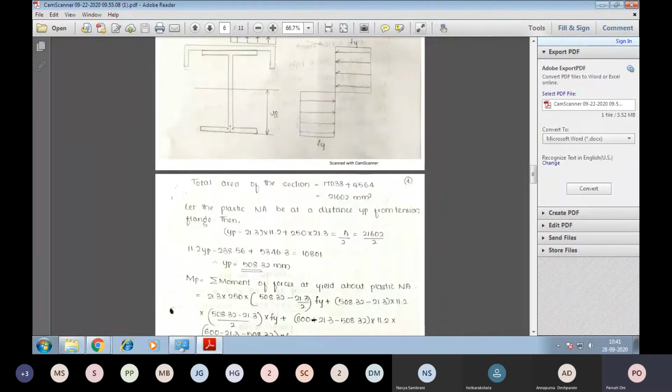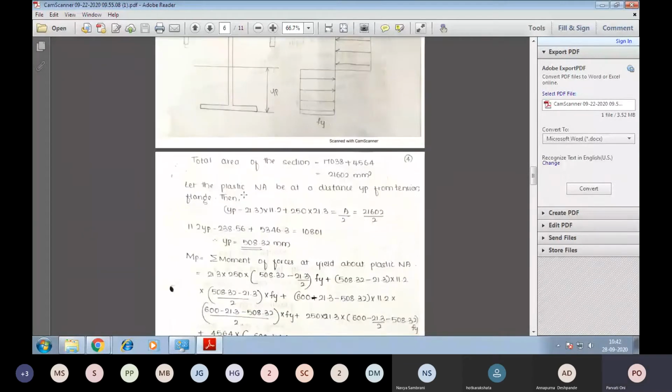The CG of this flange will be at a distance of 21.3, so the distance from NA to the CG will be this total distance minus 21.3 divided by 2, that is (508.32 minus 21.3) divided by 2, into Fy. That will give you the plastic moment of this flange section.